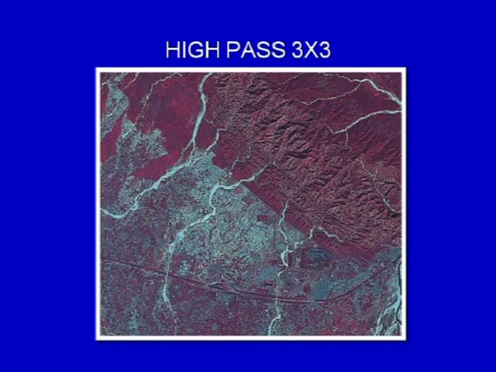This particular slide shows us a high pass filter using a 3 by 3 window, and what we can see here is a very fine demarcation between any two object boundaries, whether it is between forest or dry sand in the river, or the agricultural field and the bare soil.